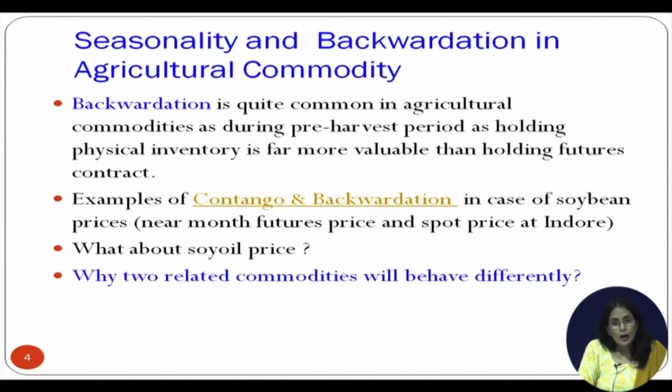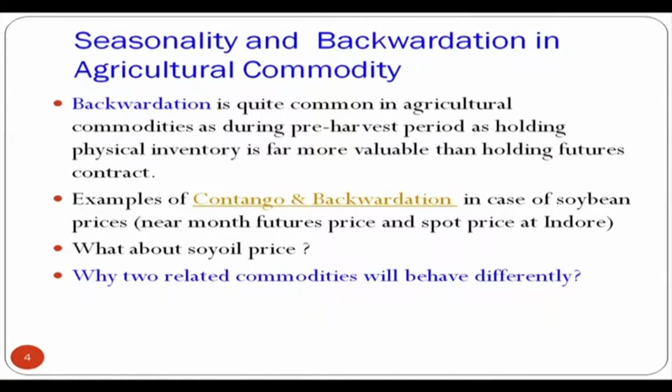Now, if you recall, we also discussed that during the pre-harvest period, when agricultural commodities tend to have lesser supply, at that point of time commodity spot and futures prices tend to exhibit backwardation. Now let's check in real life whether backwardation happens, and if it happens, how often it happens.